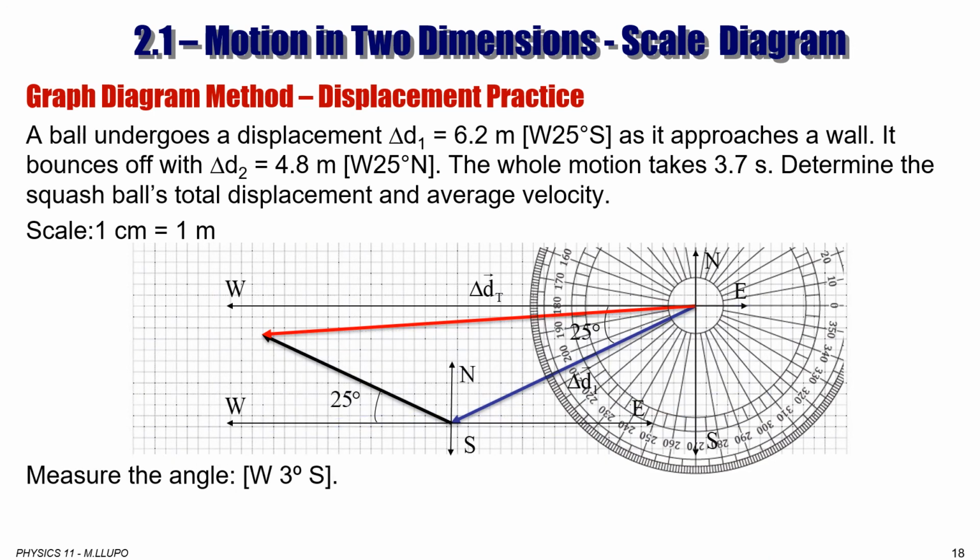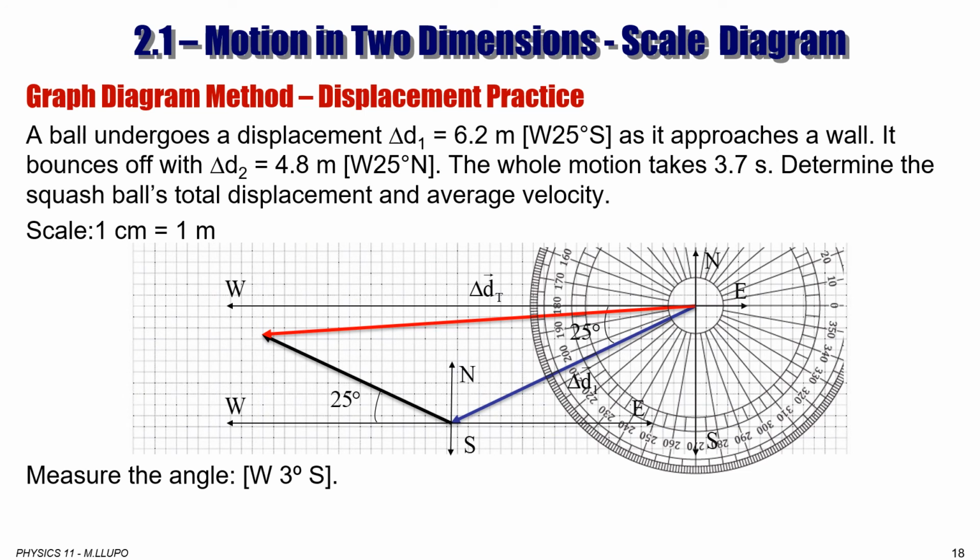It is a vector and you need a direction. So you still use a protractor to measure the angle. In this example, the angle is so small. In my view, this angle is 3 degrees.